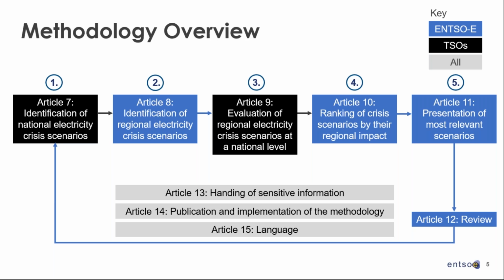Then step 2 is the collation of the national scenarios into a regional picture. And then the next step is, once we've formed a regional crisis picture, we pass those back to the TSOs to carry out an impact and likelihood assessment on them.